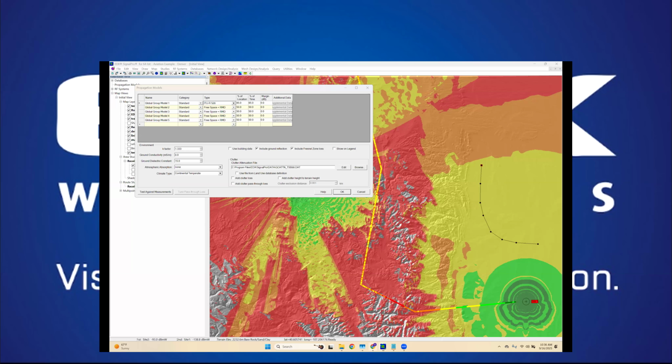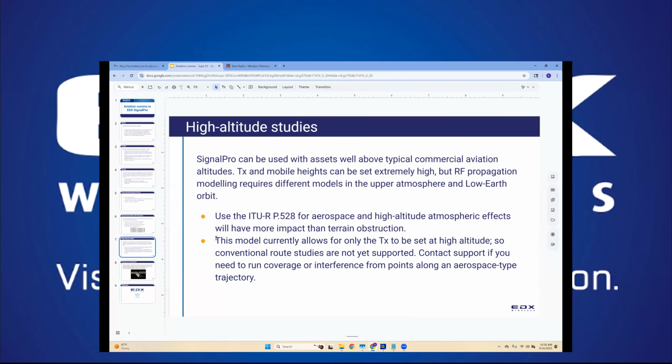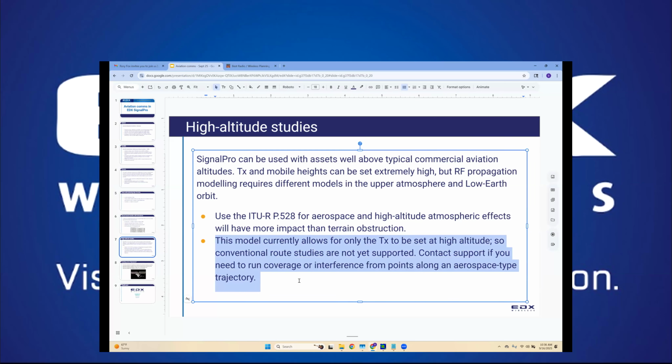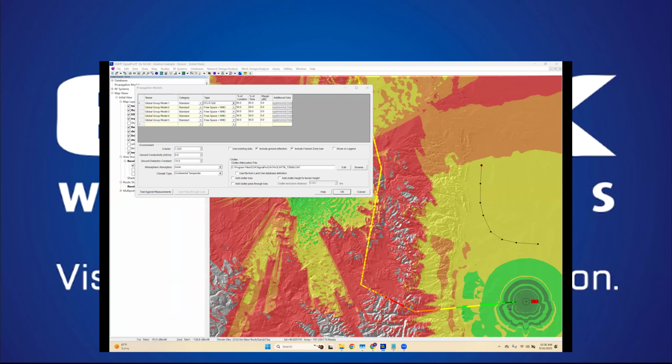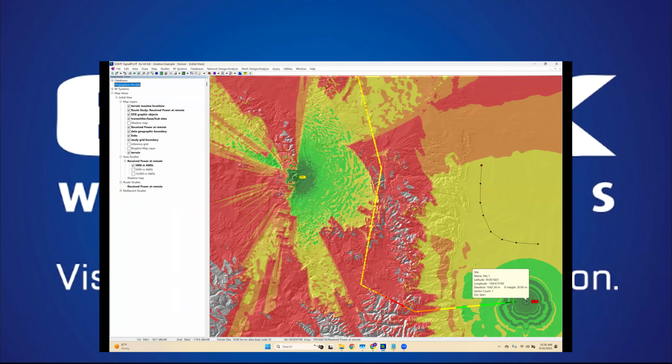And currently, there is a funny limitation on this. The model in its published implementation assumes that it is the base station, the TX, that is at an extreme elevation above ground level. So in the previous study method that I did, if we look back at my project, I put my terrestrial station at ground level, and then I did studies to different flight levels.